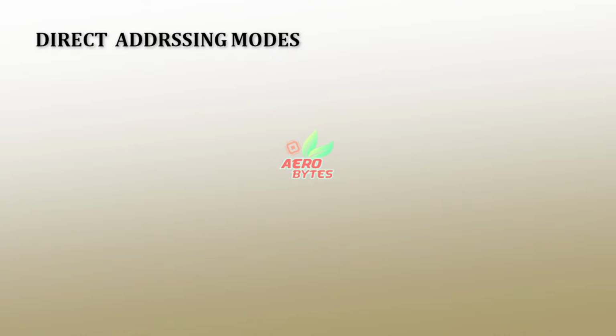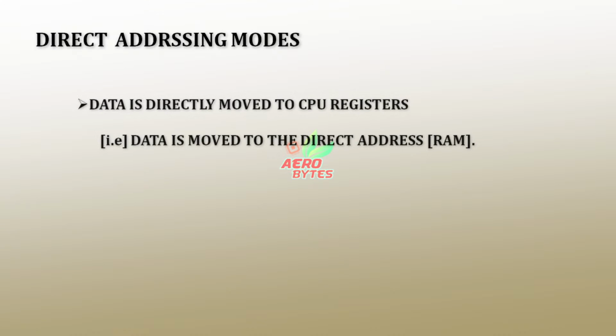Direct addressing mode. In this addressing mode, data is directly moved to the CPU registers, given in the form of a RAM address, which is a part of the instruction.